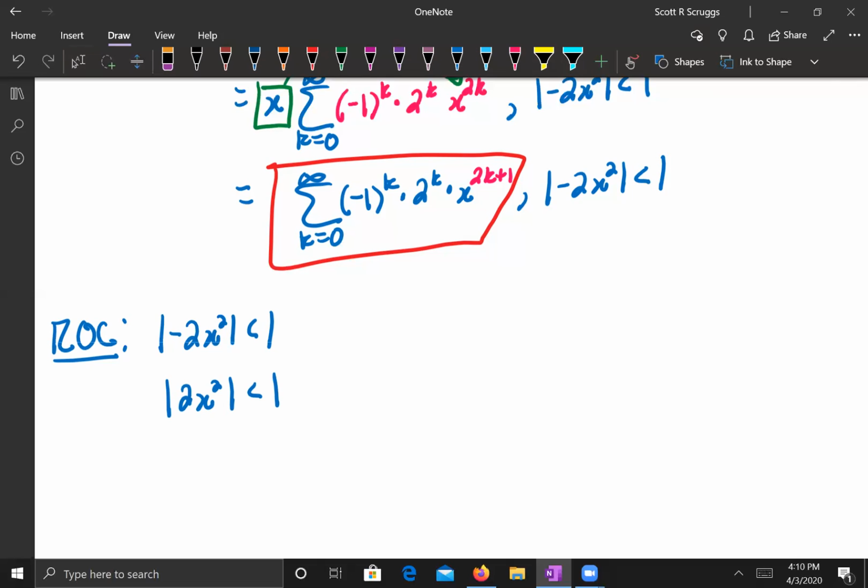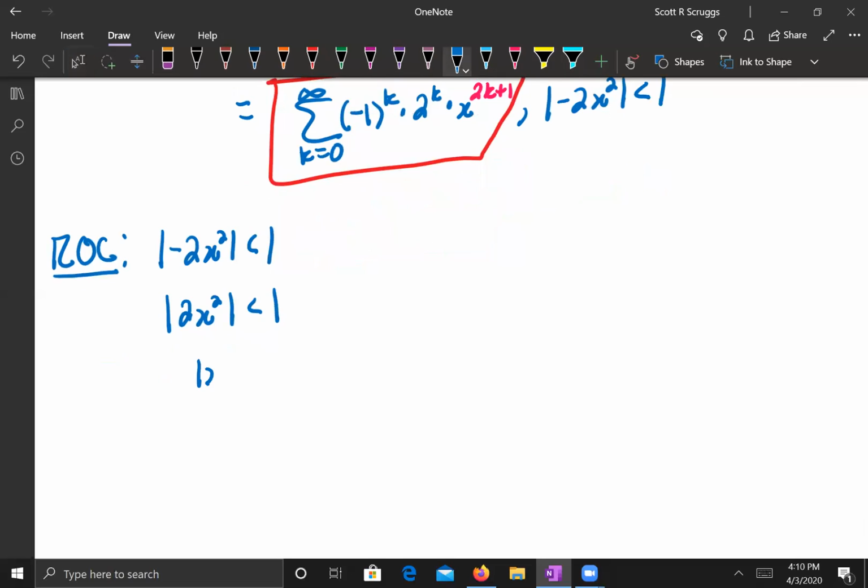And now I can repeat the same work that I did in the previous problem, where now it's the absolute value of x squared on the outside, less than 1/2. And then I take the square root of both sides, and I get the absolute value of x is less than 1 over square root of 2.